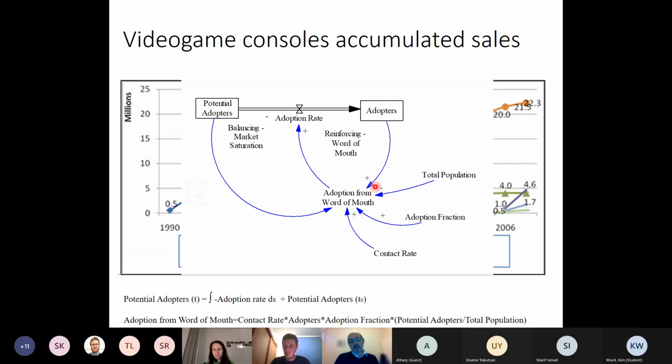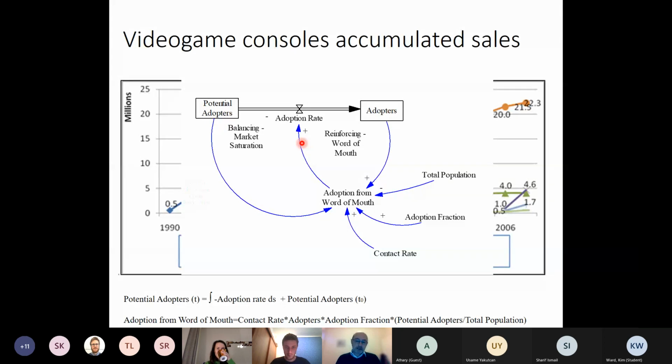One is a reinforcing feedback process that brings people in, and there is a balancing feedback process that constrains that growth until they reach the balance, which in this case is that there are no more potential adopters. So in almost all system dynamics models, you tend to have a combination of these two feedback processes: a reinforcing feedback process driving the system towards exponential change, and a balancing feedback process that tends to constrain that growth and maintain the system in a state of equilibrium.